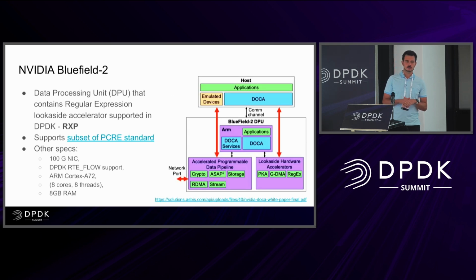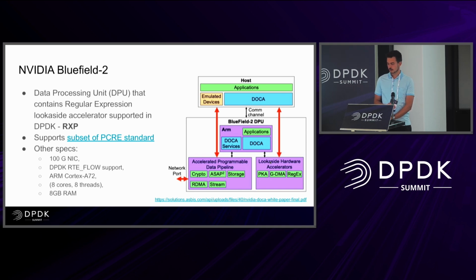To introduce the card that we were working with mainly, it's the NVIDIA BlueField-2. It's the data processing unit, which I assume most of you know. But for us, it was really the regular expression engine in there that was of our interest. Here in this diagram, on the left, we have the network port, and it generally goes to the host.